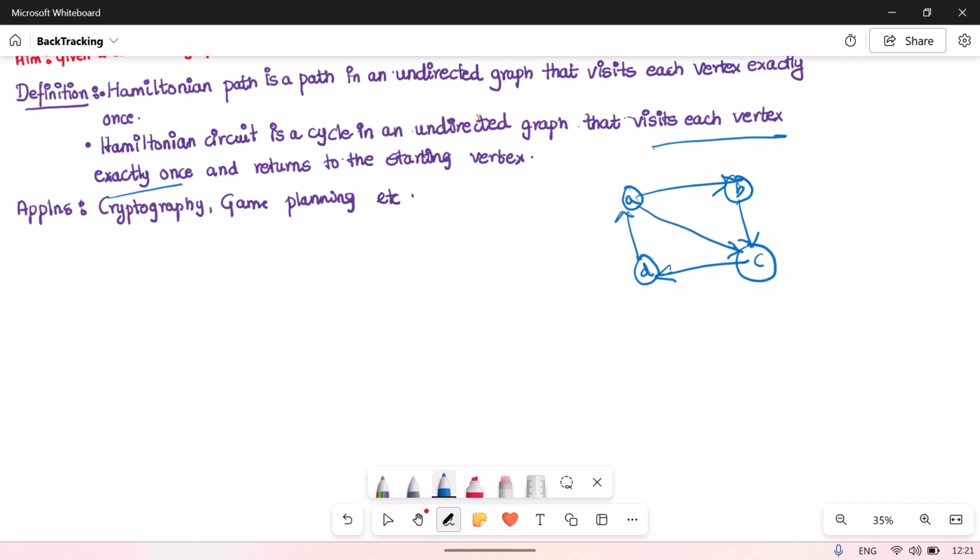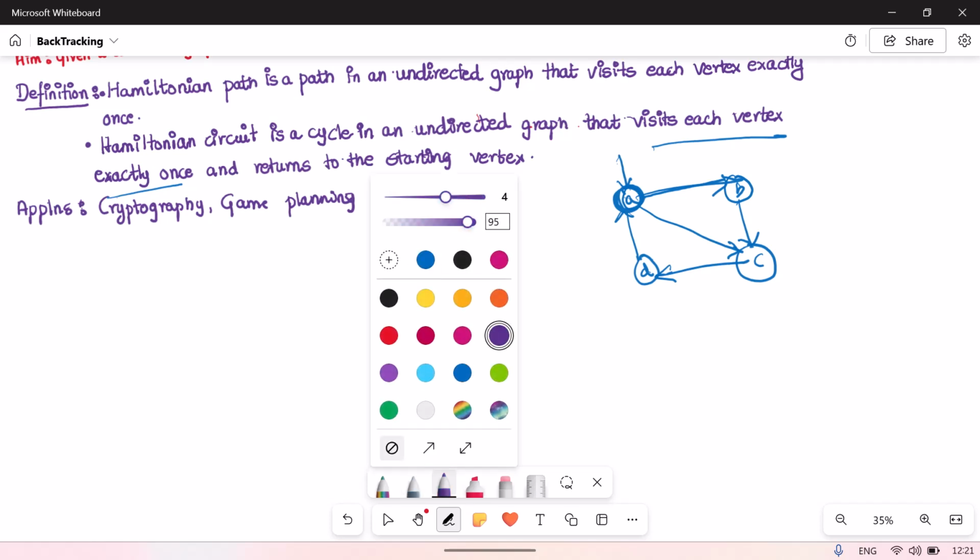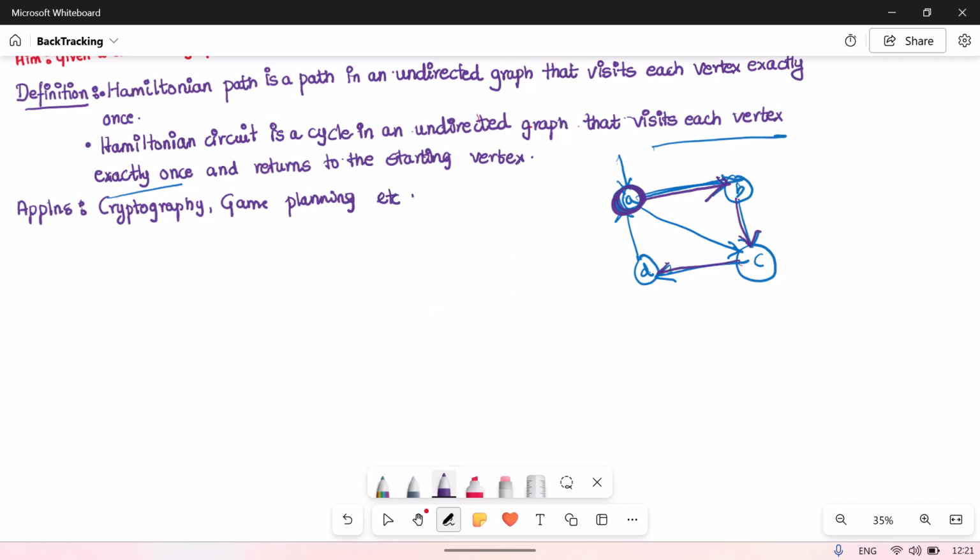Unconnected in this sense, like one node is just placed randomly. The idea is you can start at any given vertex. You have to go through all the vertices exactly once. So, for example, here I have started at A. I will visit B, from B to C, C to D, and D to A. Okay, so A to B, B to C, C to D, D to A. Like this.